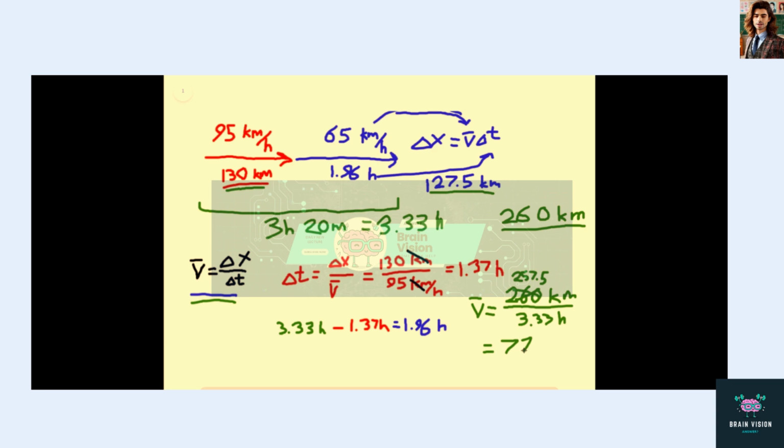So you've got 77, and the units are just kilometers per hour. And just quickly check, we knew that we couldn't just average 95 and 65 to get our answer in kilometers per hour. But you know that the average speed should be somewhere between those two speeds. And it is. 77 kilometers per hour seems perfectly reasonable. And that's our answer.